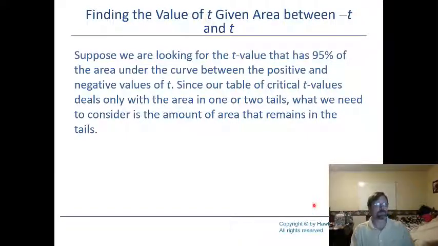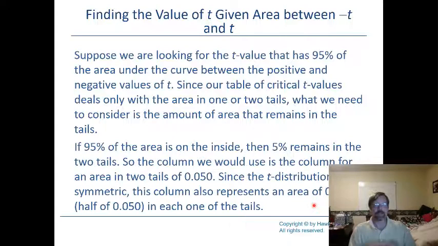So if that area we're after is 95%, we need to consider the area that remains in the tails. Easiest way to do this is to say, okay, we're after 95%, that's excluding 5%. I can find the critical t values associated with what's excluded, and that will be the same values.